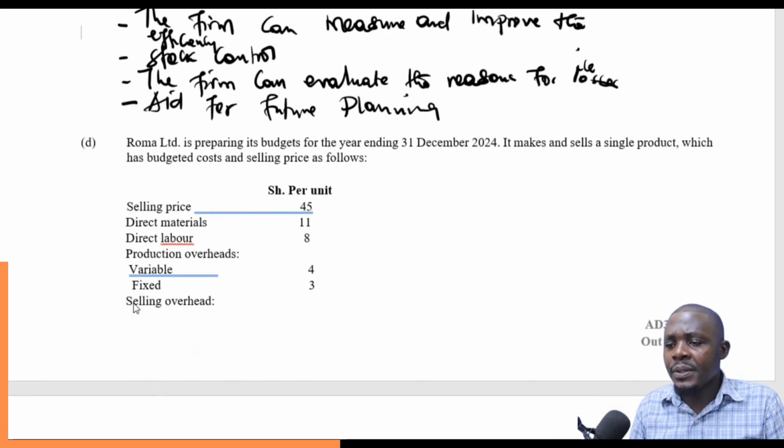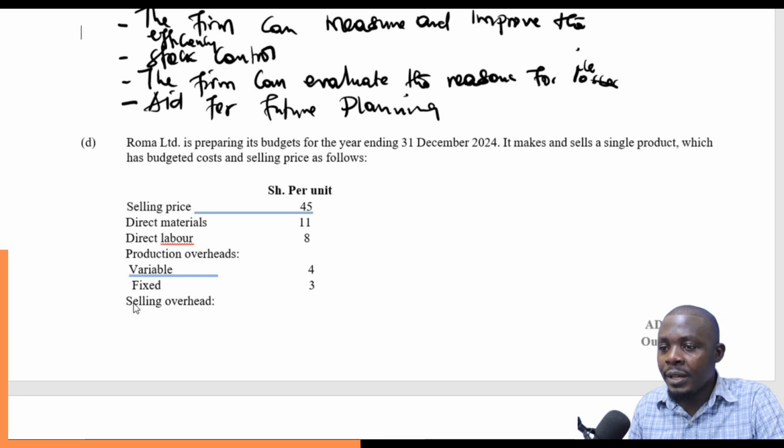Then part D, we are told that Arama Limited is preparing its budget for the year ending 31st December 2024. It makes and sells a single product which has budgeted cost and selling price as follows. Selling price is 45 shillings per unit. Direct material is 11, direct labor is 8.